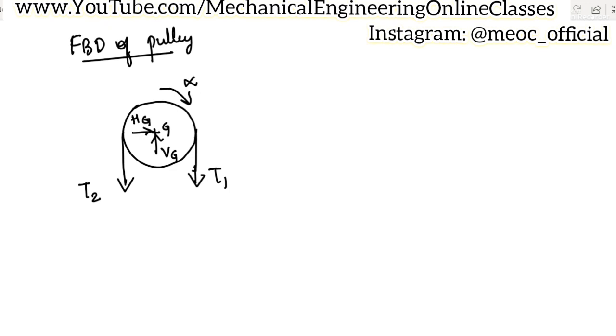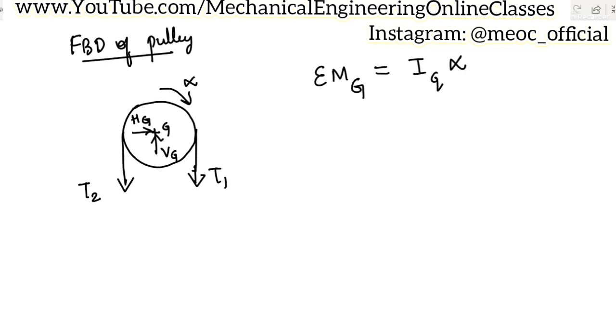Now here our equilibrium equation will be, let us find the sum of moments of all the forces about point G. So this is under pure rotation, right? It is fixed axis rotation, which is centroidal rotation. The rotation of this pulley is happening about its center. The center itself is its center of gravity. So the equation will be sum of moments of all the forces about its centroid equal to the inertia couple, which is nothing but the product of the moment of inertia of the pulley about its centroidal axis, multiplied by alpha.